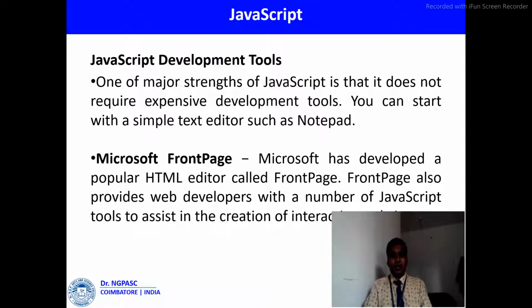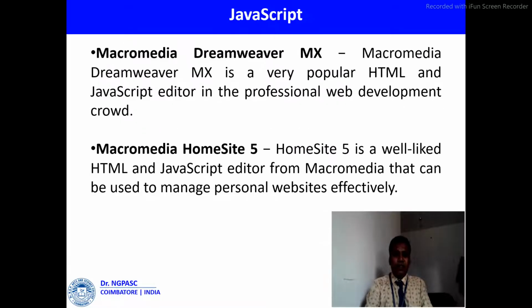The first one is Microsoft FrontPage. Microsoft developed an HTML editor called FrontPage. FrontPage also provides web developers with a number of JavaScript tools to assist with the creation of interactive web pages. The next one is Macromedia Dreamweaver MX.